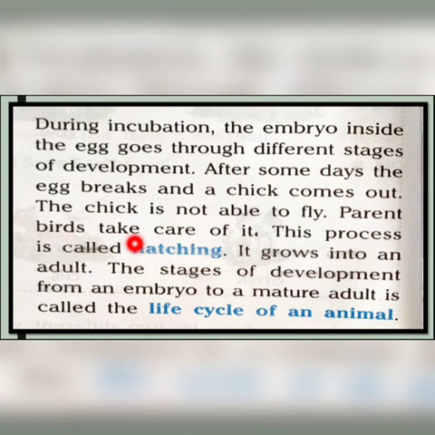After some time the young one grows into an adult. The stages of development from an embryo to a mature adult are called the life cycle of an animal.